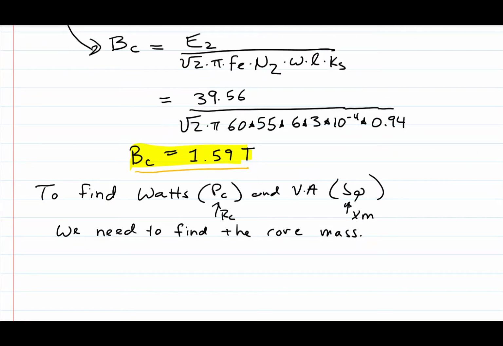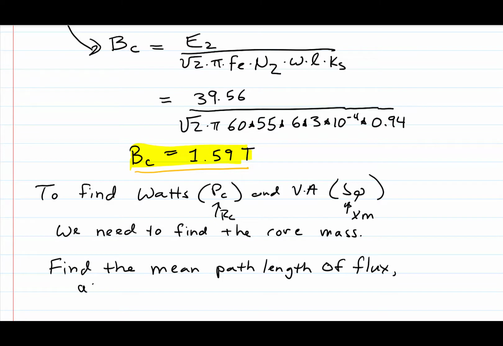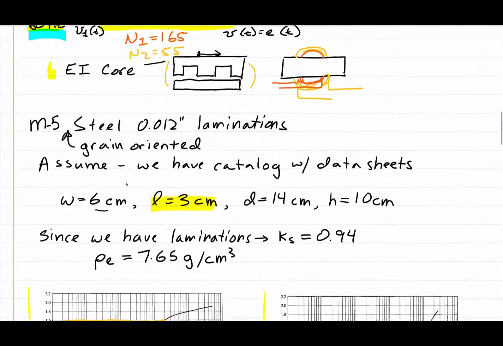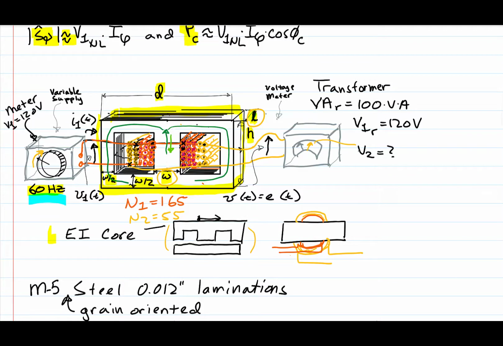We would first find the mean path length through which the flux is flowing, or that is associated with the magnetic field intensity in the core, which, because of this core being the way it is, has the center width twice as much as the side and the top.